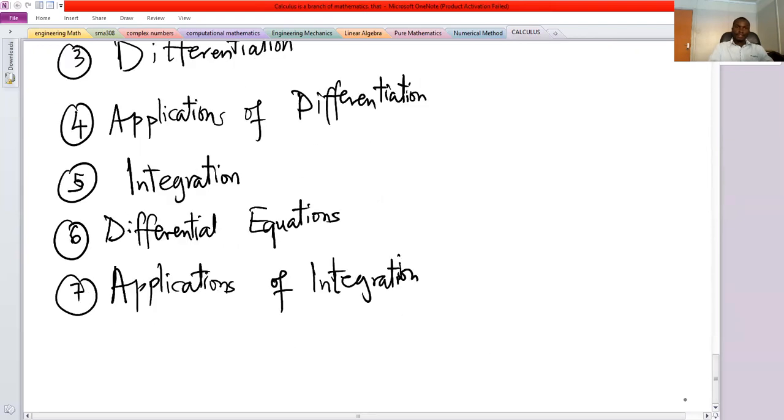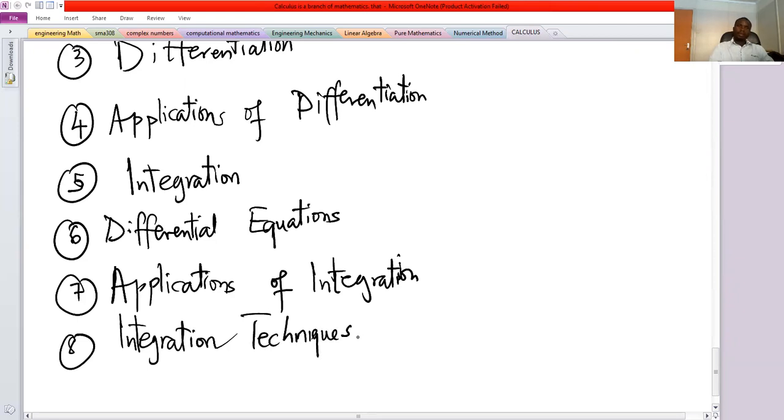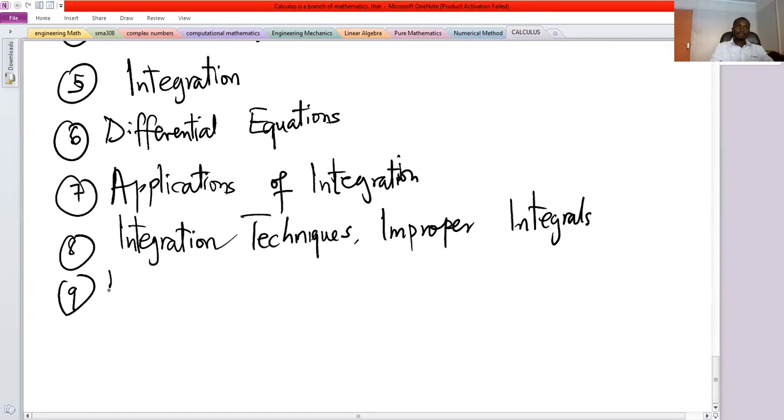And then number eight, we have integration techniques. So we also have improper integrals. Number nine, we have infinite series.